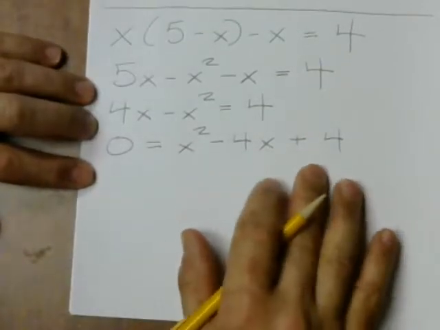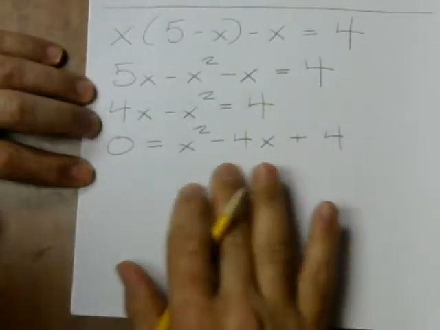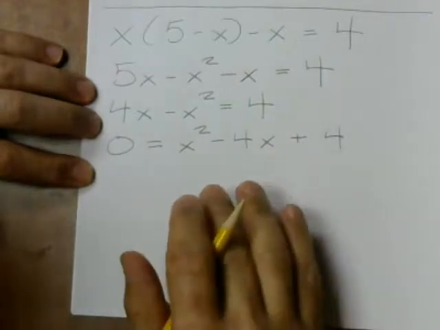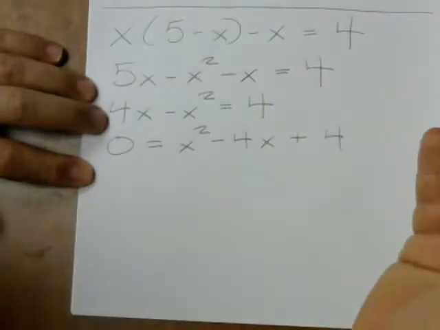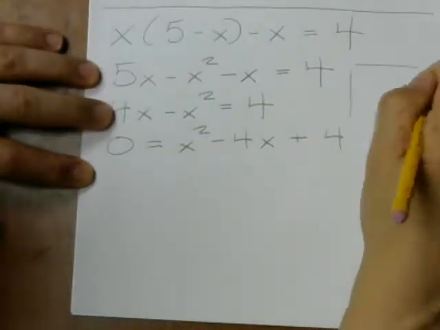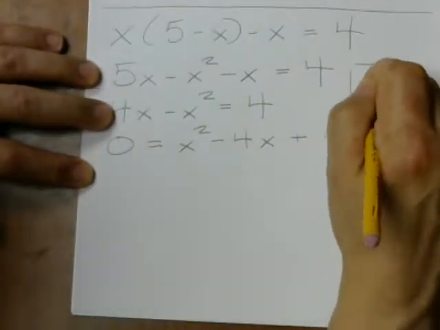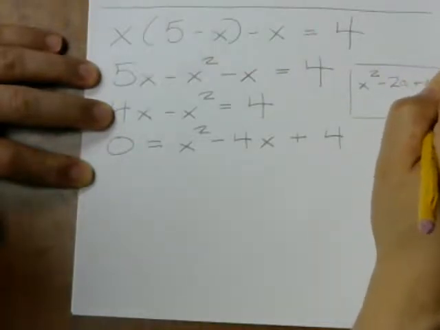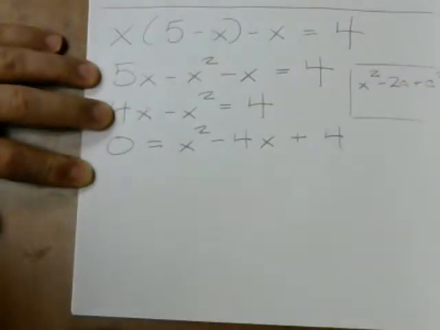Some of you may immediately see something we could do because this fits a form that we've seen before. Remember, or maybe we don't remember, that we did have a formula for x squared minus 2ax plus a squared.